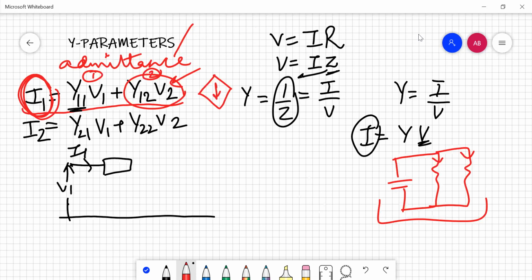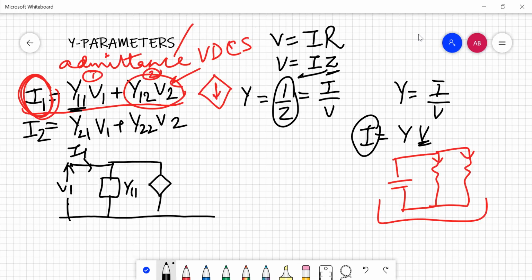So that becomes a voltage dependent current source, right? So now we have to draw it. Let me mark it in the parallel form, otherwise it will be a little confusing here. So here we come to your Y11, and here we come to the parallel combination. Let me write it with red, Y12 V2.